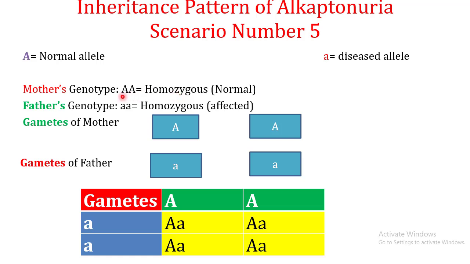She is transferring one copy of the allele that is normal to all of the offspring. Thereby all of the offspring are going to be carriers for the alkaptonuria. So if the affected father is going to marry a mother who is homozygous normal for the gene of the alkaptonuria, all of the offspring are not going to show the symptoms of the alkaptonuria.